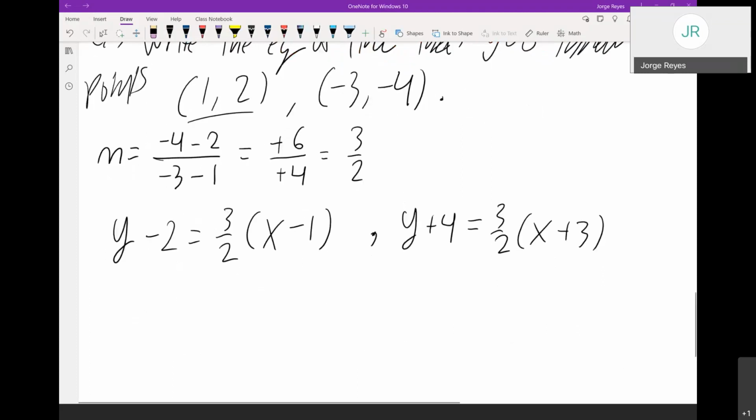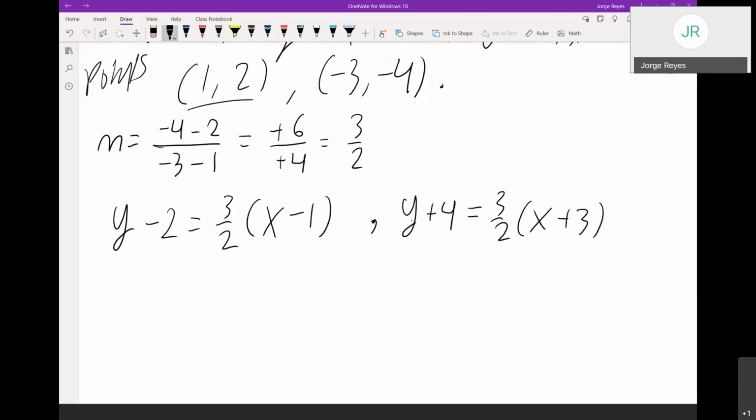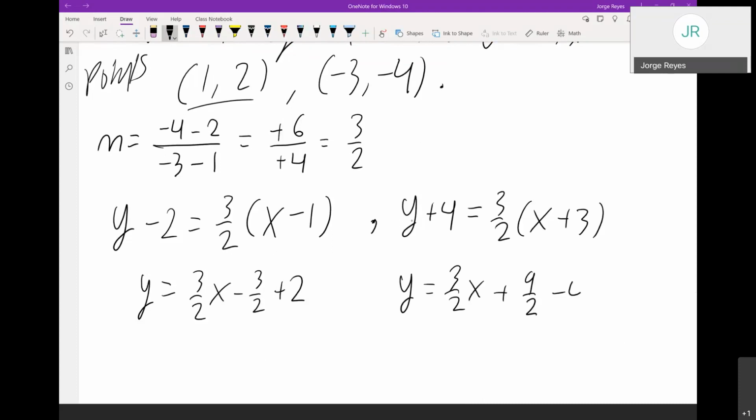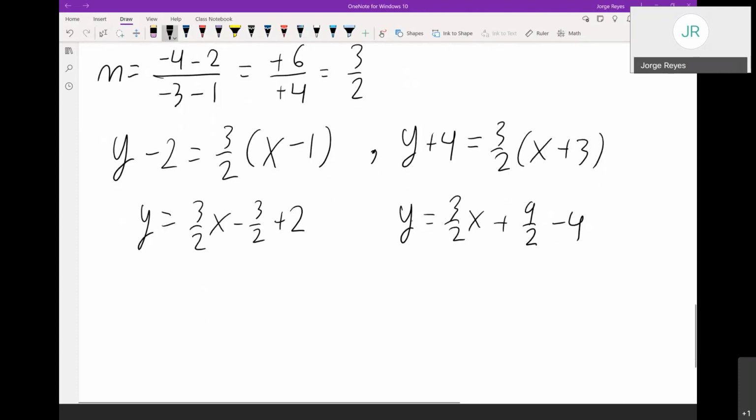Because if you solve for y, so let me put these into slope-intercept form. 3 over 2 x minus 3 over 2 plus 2. y equals 3 over 2 x plus 9 over 2 minus 4. y equals 3 over 2 x. What is that? That is 1/2.